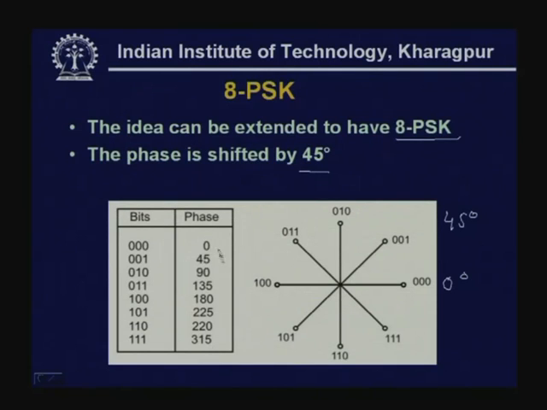So we find in this case we are able to send 3 bits per signaling element. So in that case the data rate will be equal to 3 times the baud rate, because we are able to send 3 data bits per signaling element, that means per modulated signal element. As a consequence, for the same baud rate we shall be able to send a higher data rate.